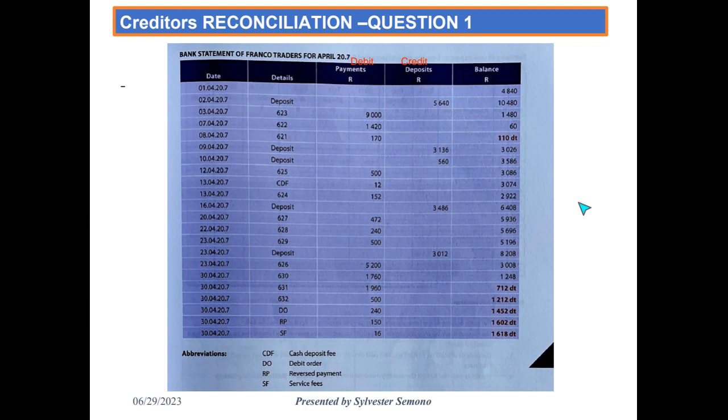If you have got money in the bank, it means your balance is credit. But if you have got a negative balance, your balance will be a debit. If we don't have money, our balance is a debit.